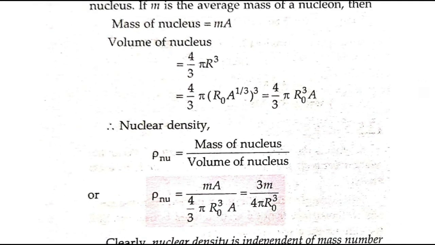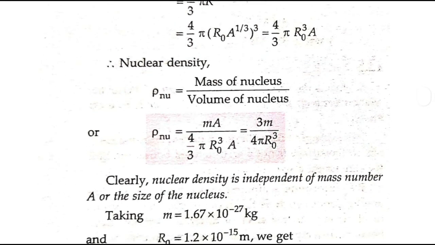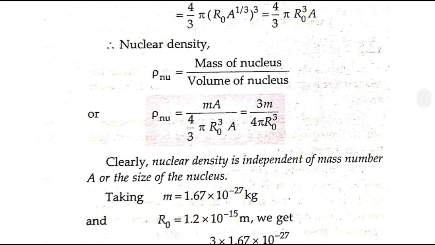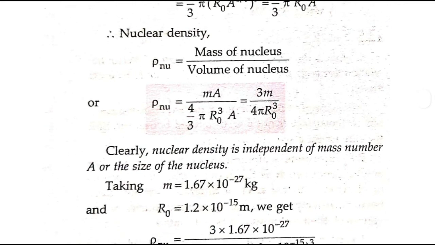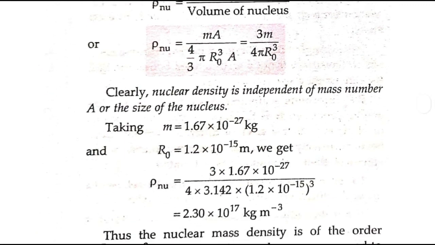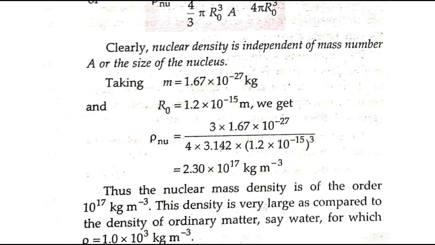Therefore, nuclear density equals mass of the nucleus by volume of the nucleus, that is m A divided by 4 by 3 pi R0 cube into A. After simplification, we have 3m by 4 pi R0 cube. Here all the terms are constants. Substituting, we get 2.3 into 10 raised to 17 kilogram per meter cube.